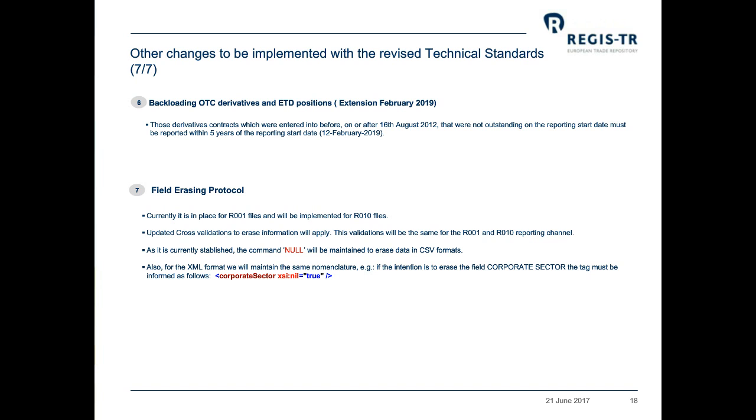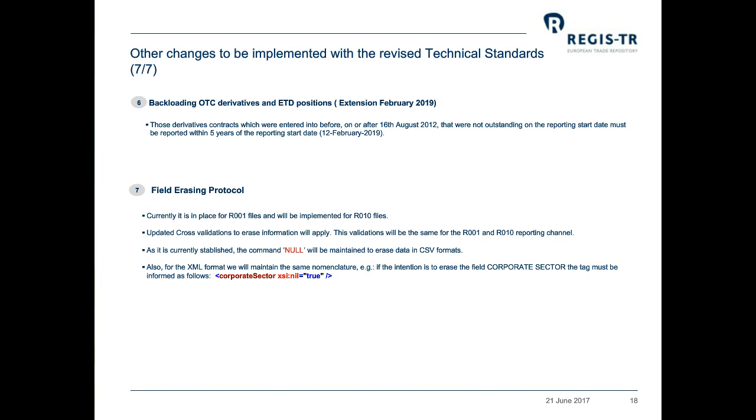But the point is that ESMA requires both files to be sent. There is not going to be, in the first step, cross-validation between both, but maybe in the future it is going to be one of the requirements that ESMA is going to impose on the repositories.